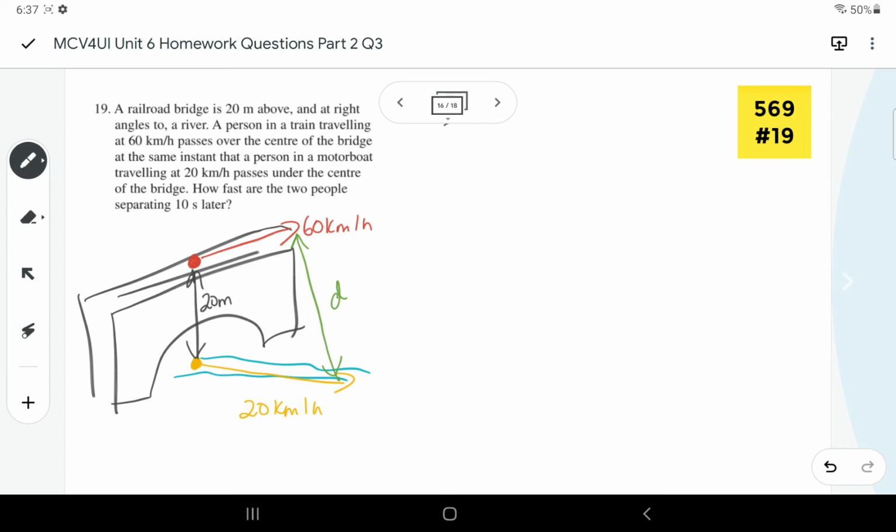This really feels to me like a 3D vector situation. Remember when we did the distance in 3 dimensions, and how it was x squared plus y squared plus z squared? I'm going to say that this is my x, and that's my y, and that's my z.